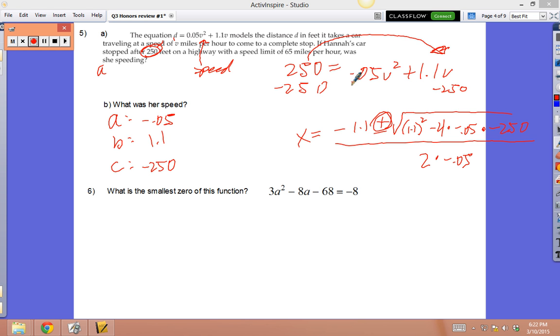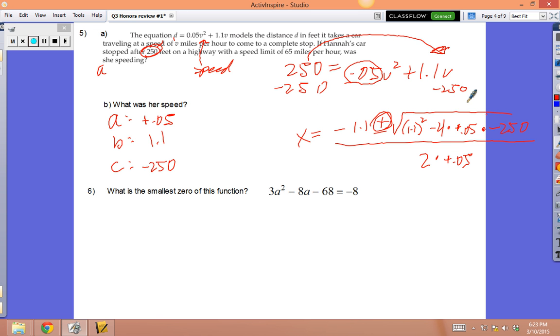So this is my A, 0.05, and then when I wrote it down, I wrote down A is negative 0.05. So that's going to mess me up. So A should be just a positive 0.05, so I got to change this to a positive, and then this to a positive.